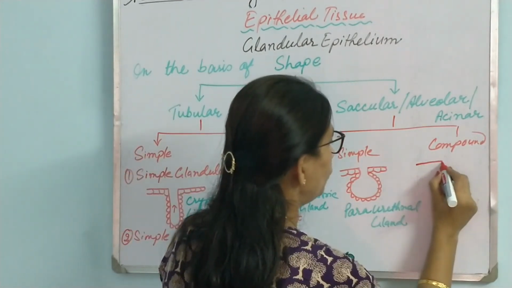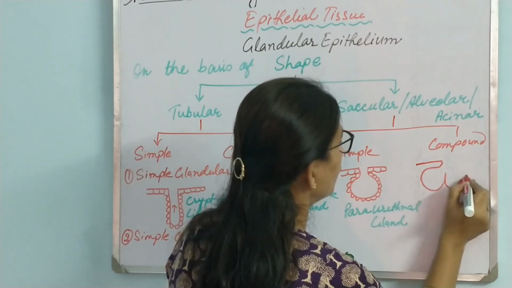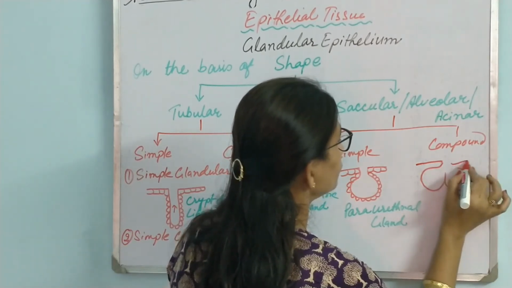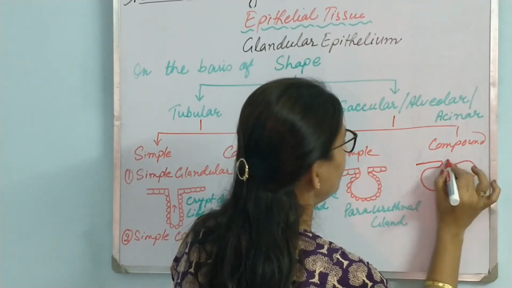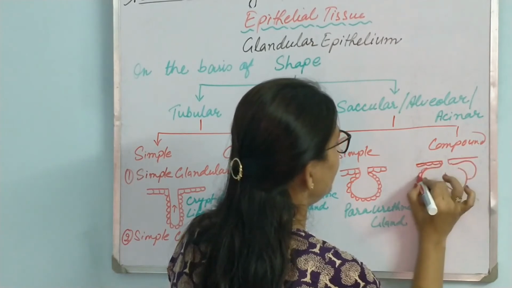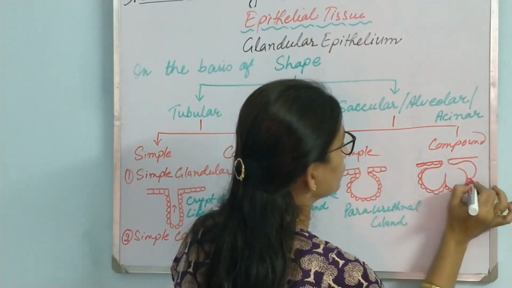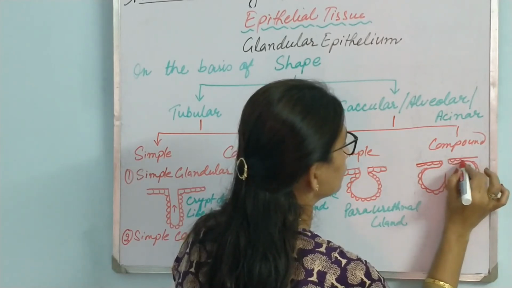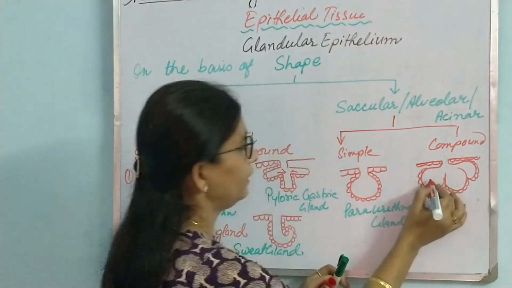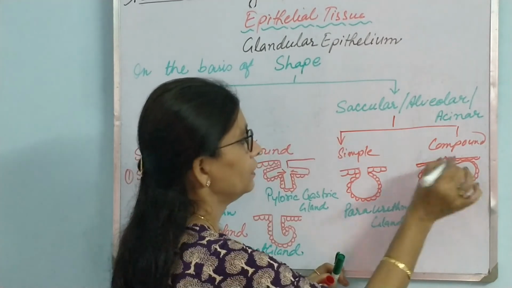So again there is an opening. Now this opening will lead into a number of sac-like structures. Now there are cells all around, and they will release their substance in this empty space and it will come out.